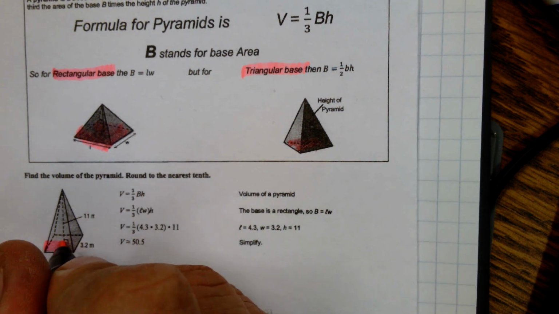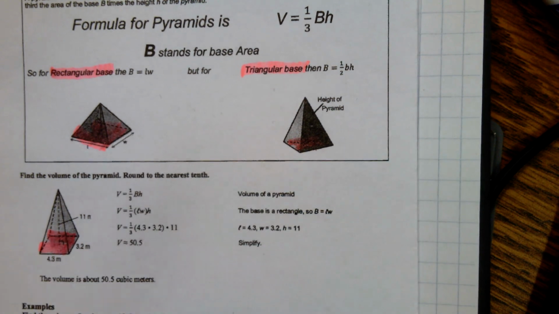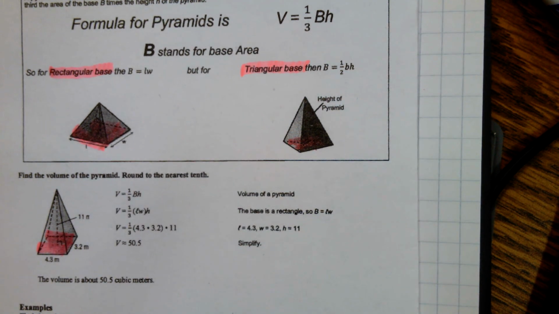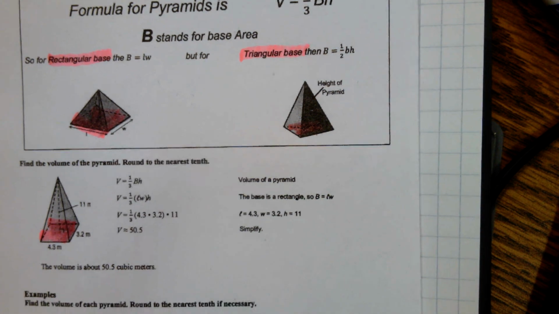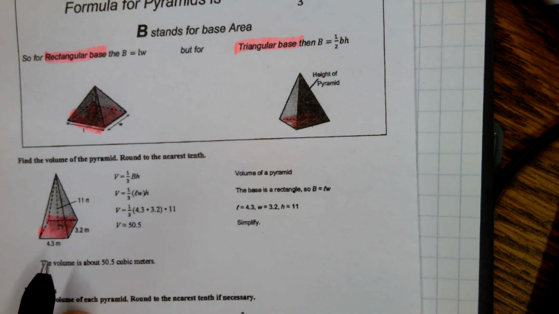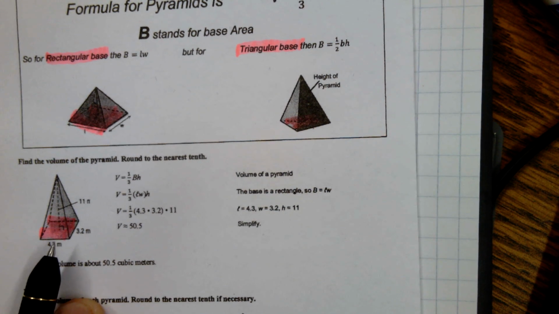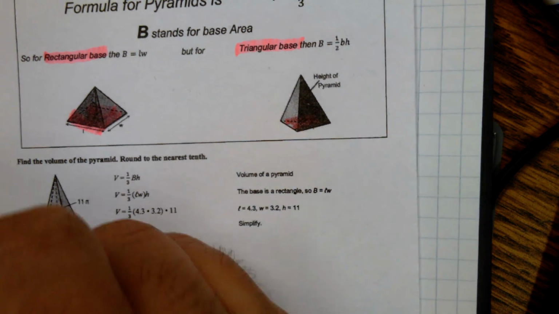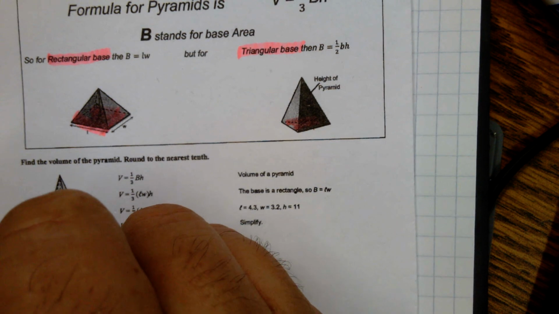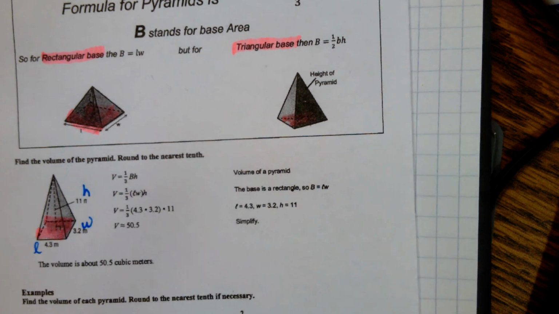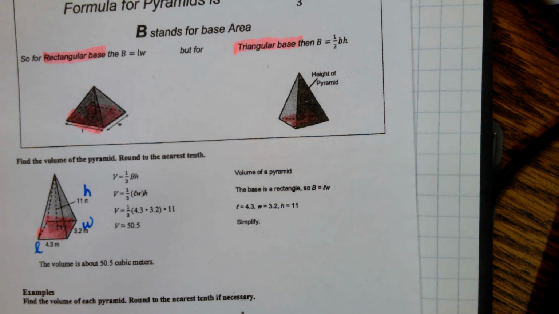Let's take a look at this example, everybody. So we have the base is a rectangle, so we have to figure out the area of a rectangle. That's going to be length times width. So we have a length, a width, and a height.